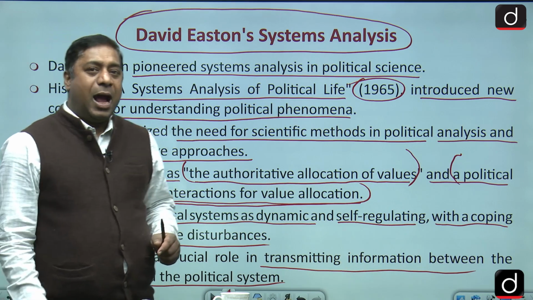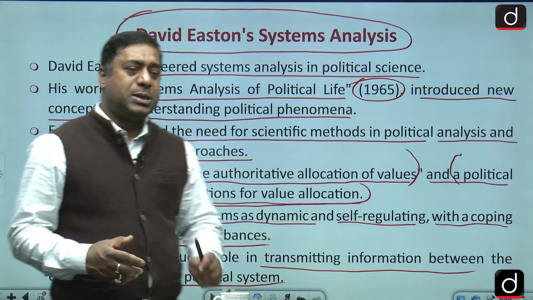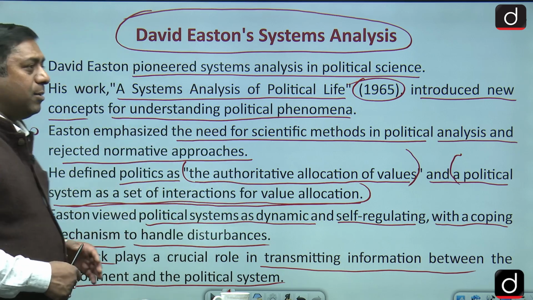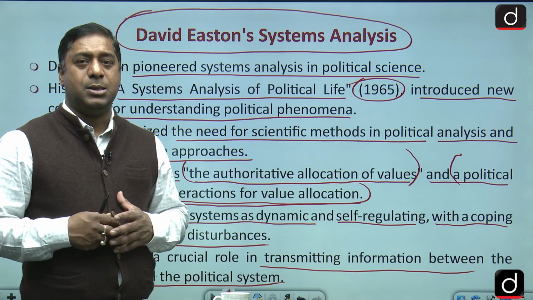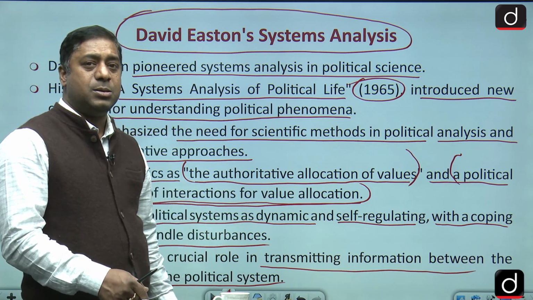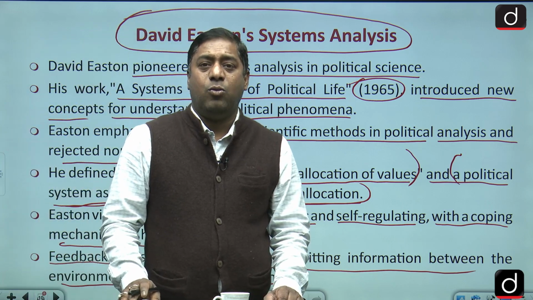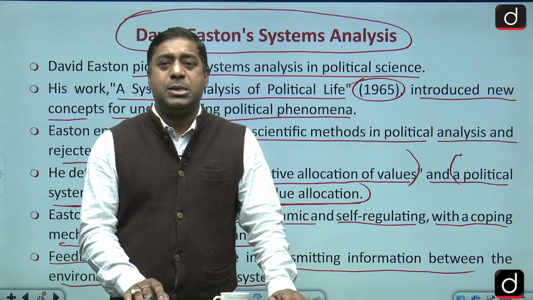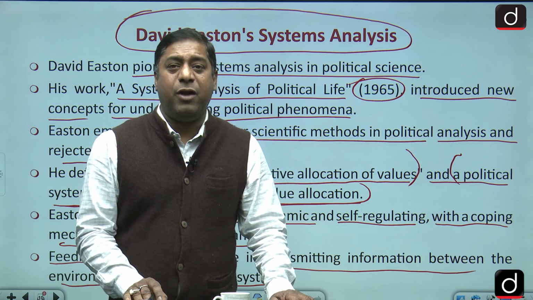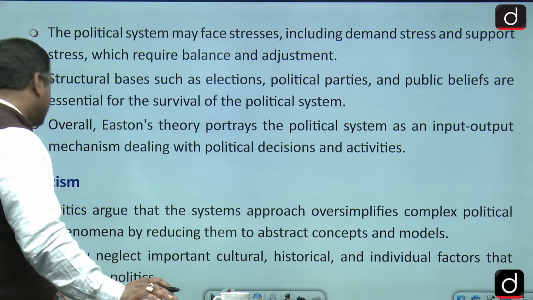Easton views that the political system is dynamic, self-regulating, with a coping mechanism for handling disturbances. Then he says one of the key elements is feedback, which plays a very crucial role in transmitting information between the environment and the political system.